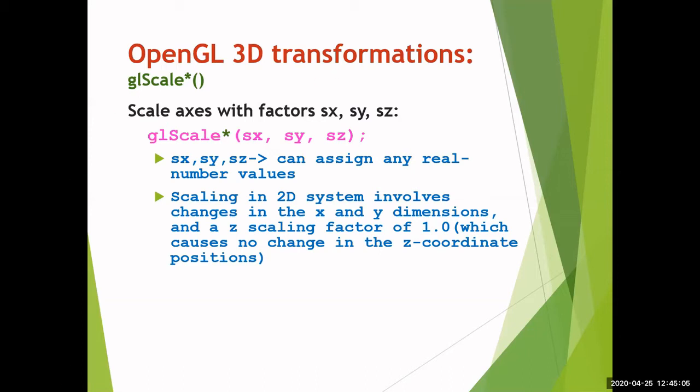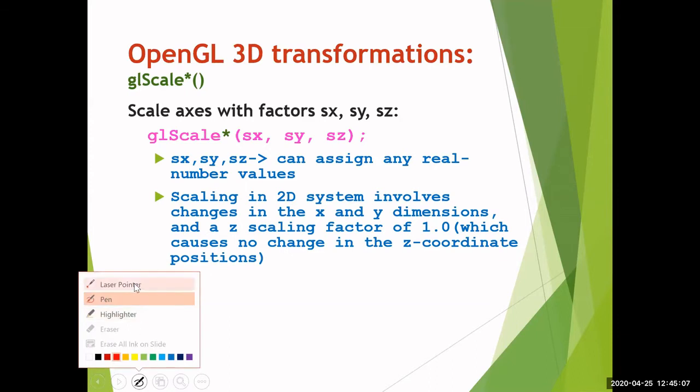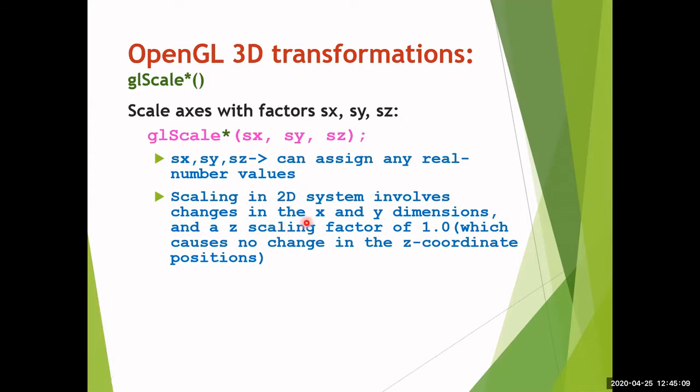If you want 2D scaling, then see to it that the z-axis has 1.0, which causes no change in the z coordinate positions, because in scaling the formula that we use is x into Sx.